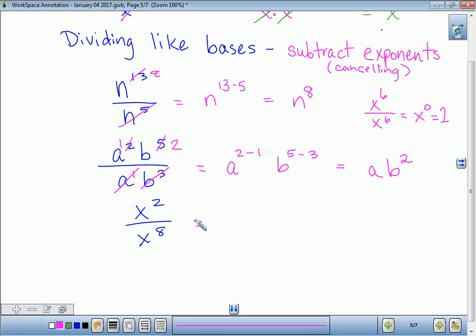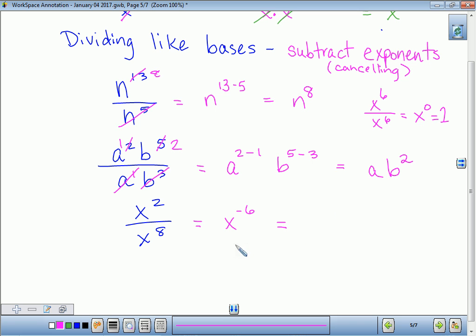Now, if we thought of this one as subtraction, it's kind of jumping the gun a little bit because I hadn't talked about negative exponents. But what is it? 2 minus 8? Negative 6. Now, we generally wouldn't leave our answer with a negative exponent in simplified form.